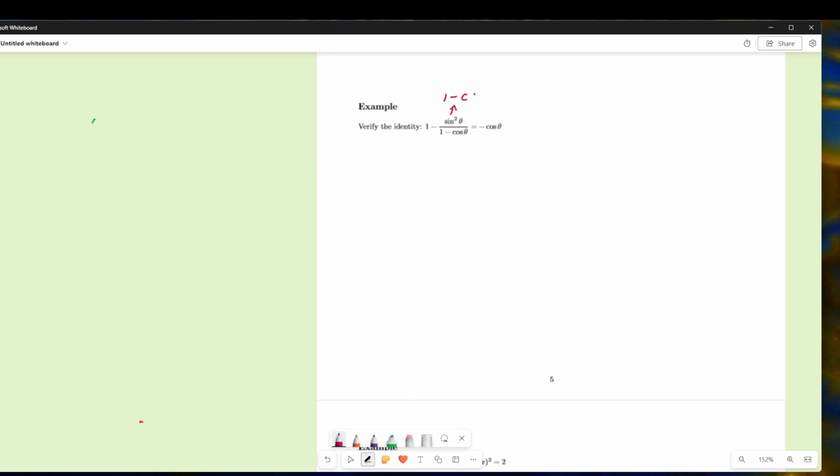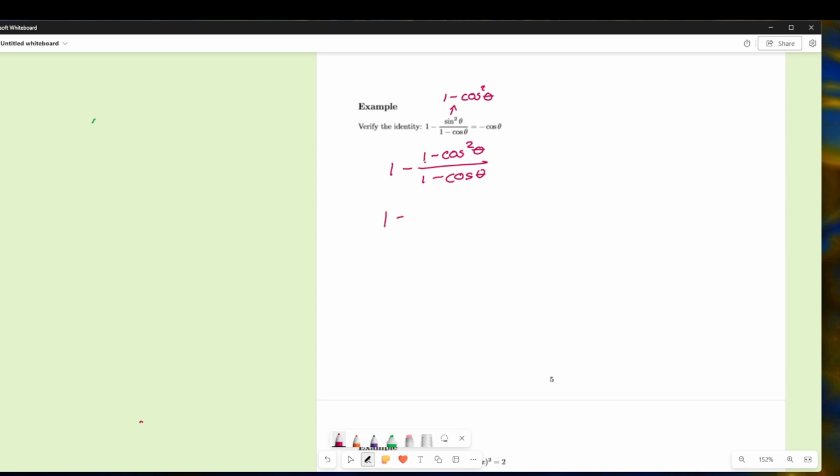But noticing that that's half of our conjugate pair, and that this sine squared is equal to 1 minus cosine squared, which is the entire piece that's one of the conjugates, that looks much more like it might be a good direction to go into. So I'm going to turn that sine squared theta into 1 minus cosine squared theta over 1 minus cosine theta.